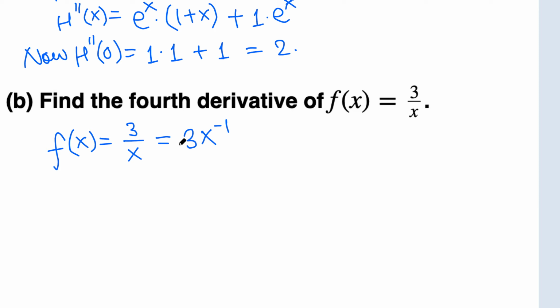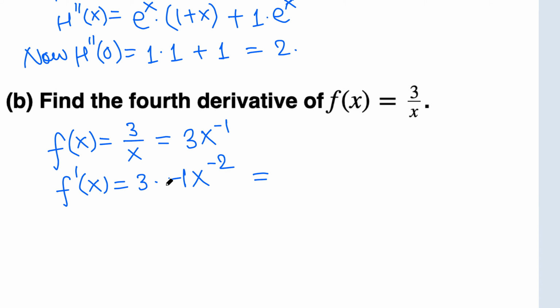A constant survives. The derivative of x raised to n is n times x to the n minus 1. So bring down n and x to the n minus 1. Let's do it. The first derivative is just 3 times x to the n, where n is negative 1, so n x to the n minus 1: negative 1 minus 1, that's negative 2.